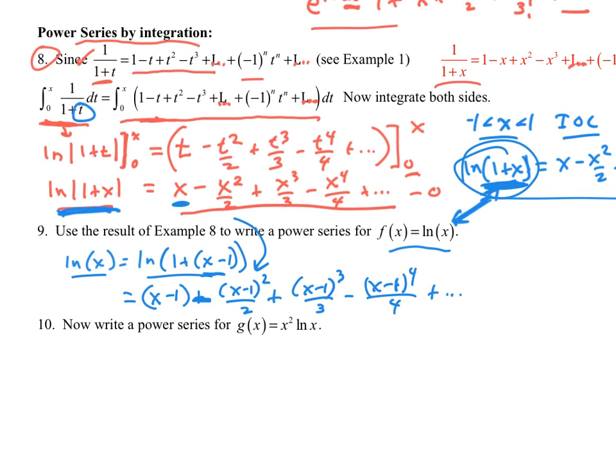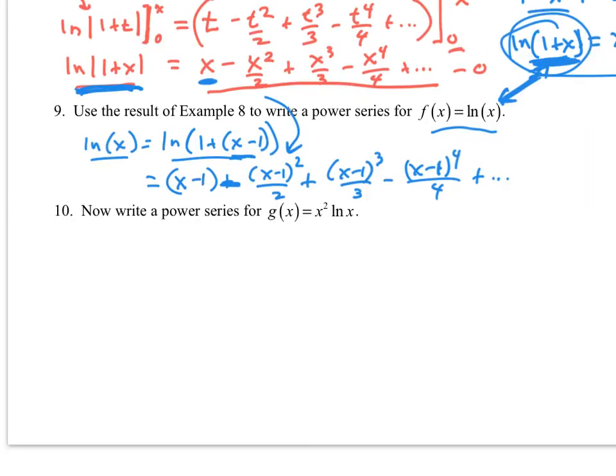So you're going to be contorting all these functions so that they can mess around and then package together to be one of these different sums, and you're just going to have to get used to it. Get in there and try some things. It'll be fun. So here we go, another contortion. Now write a power series for g of x is equal to x squared times ln x. So here I had ln x, and then I need to just multiply it by x squared.